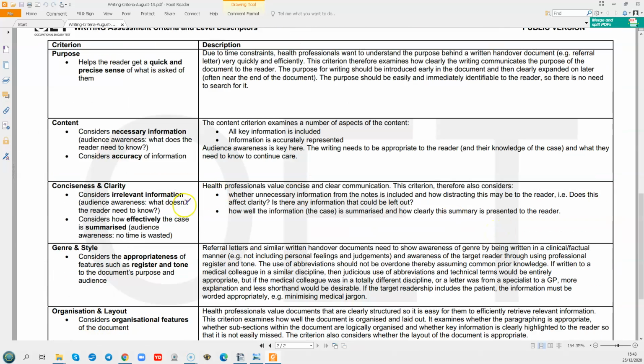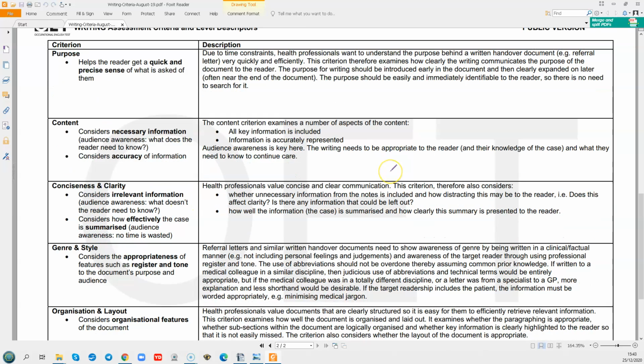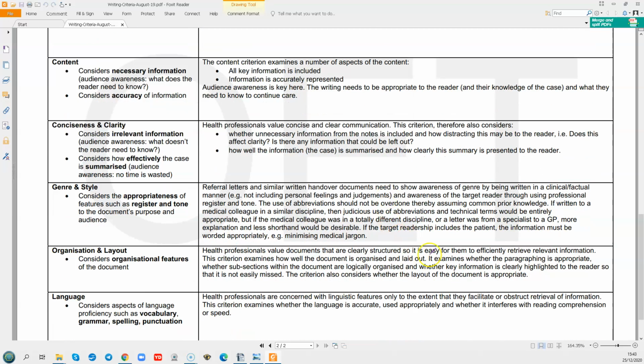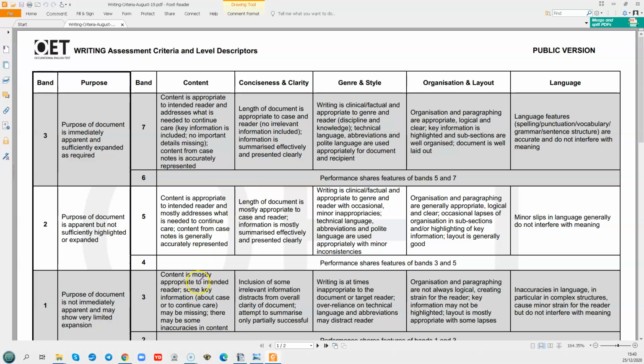Not as clear. You know, if we look at these keywords here, it needs to be quick, precise, clarity. It's got to be clear, easy to retrieve relevant information, not obstruct retrieval of information. So you need to be a little bit careful. It's got to be clear, clarity, concise, clear communication.